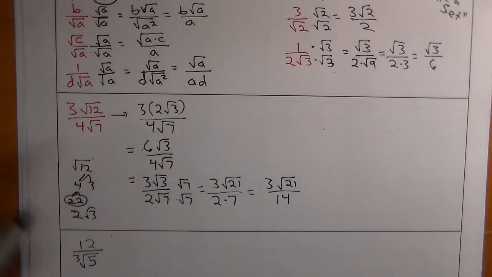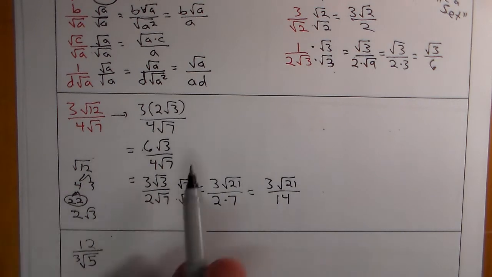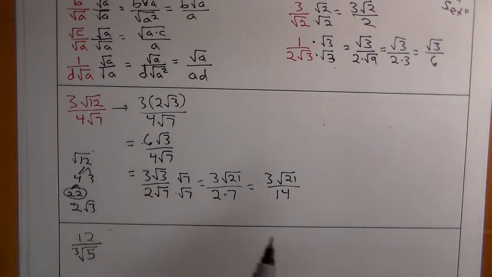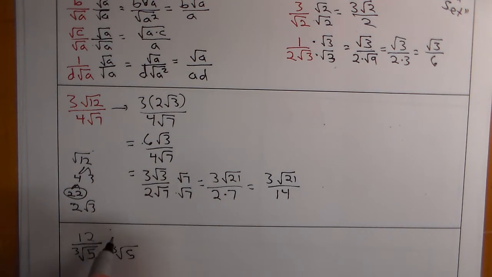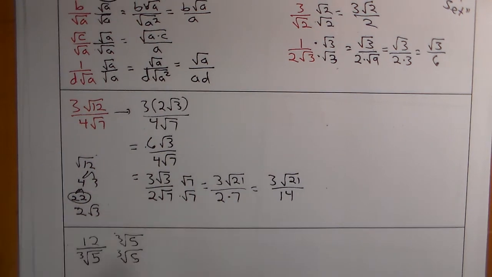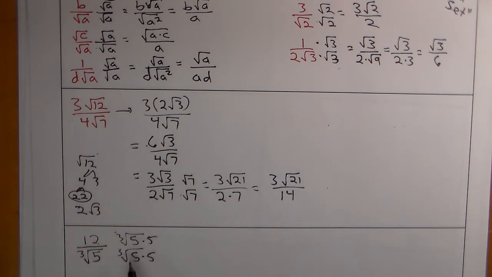Now, what if we went from square roots to cube roots? Up here, I multiplied the top and the bottom by a square root of 7 to get a pair of 7s because it was square root. Down here with 12 over the cube root 5, if I just multiply the top and bottom by the cube root of 5, yeah, it gives me 2 5s, but as we remember, in cube root, we need 3 of them. So I'm actually going to multiply the top and the bottom by 2 more 5s.